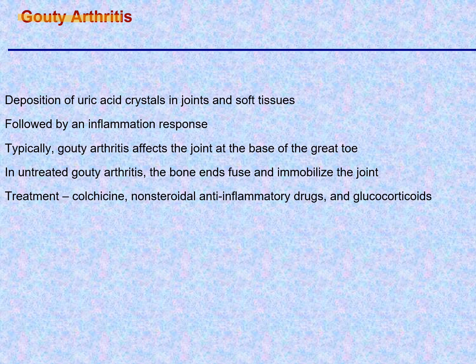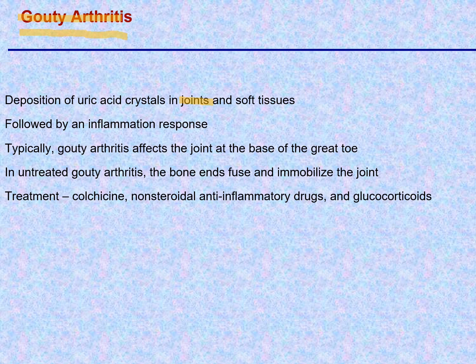Now, normally most people don't produce that much uric acid, but some individuals produce more. Unfortunately, unlike urea, which is very water soluble, uric acid is not. It crystallizes and it deposits in joints and can deposit in some soft tissue, but typically when it deposits in a joint, it will cause a tremendous inflammatory response and tremendous pain.